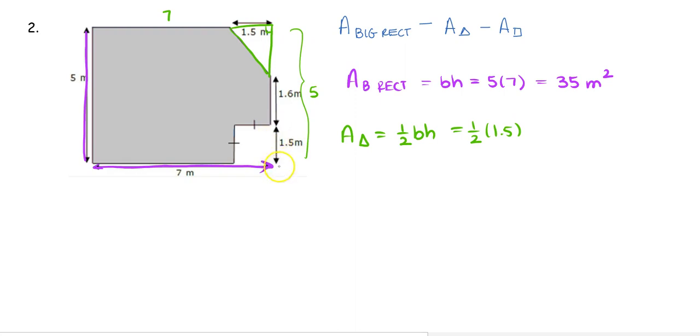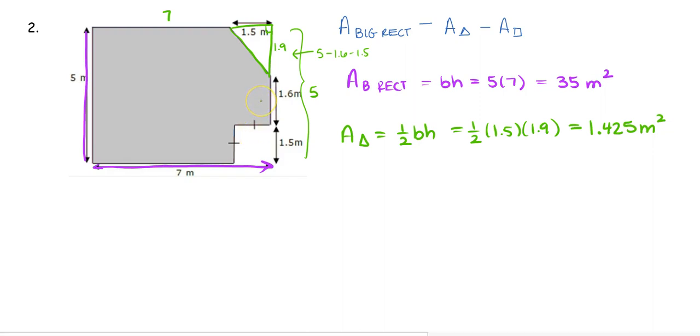We have from here to here is 1.5, from here to here is 1.6. So to find that missing length, we do 5 minus 1.6 minus 1.5, and that missing piece there is going to be 1.9. So in our calculator, 1/2 times 1.5 times 1.9 is going to give us the area of the triangle is 1.425 meters squared. Don't get rid of any of those decimals.